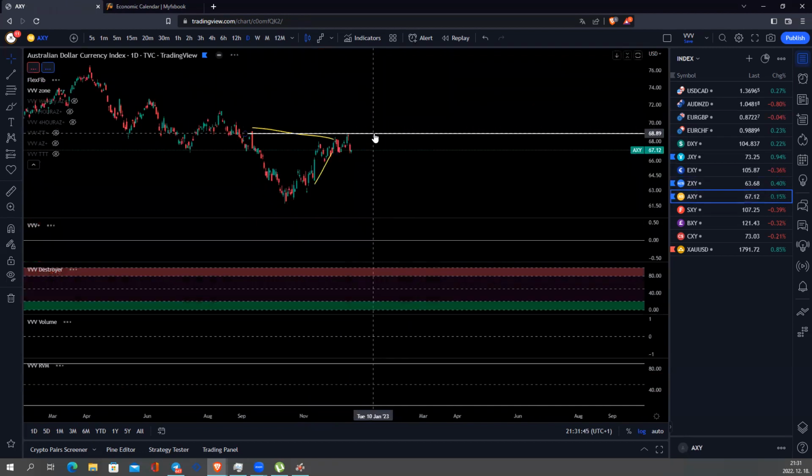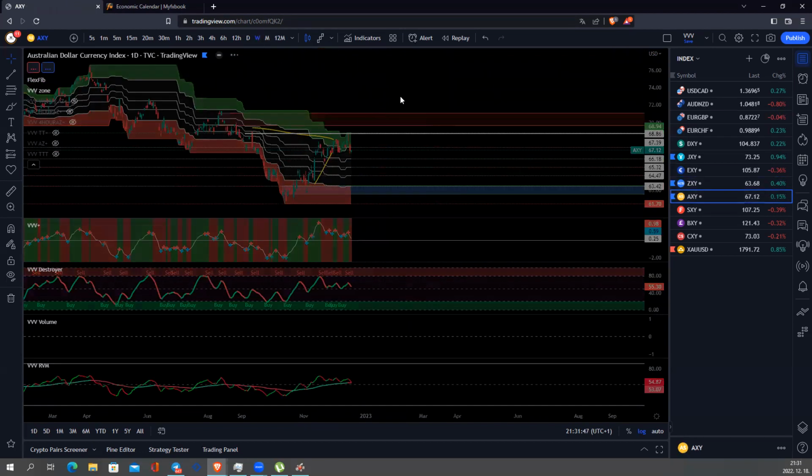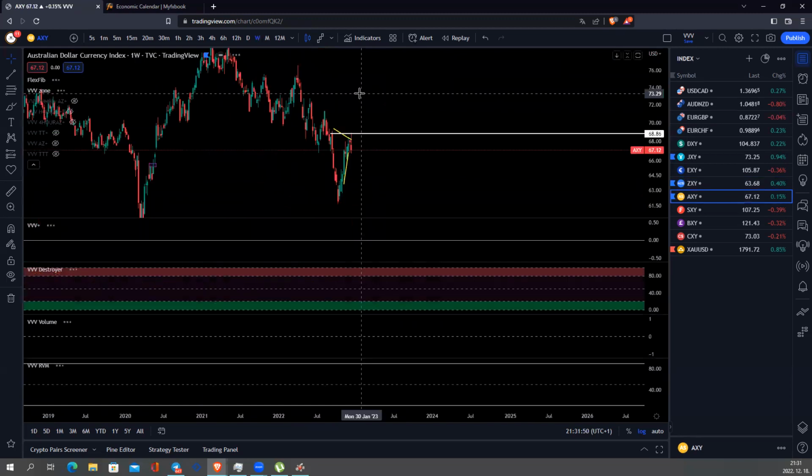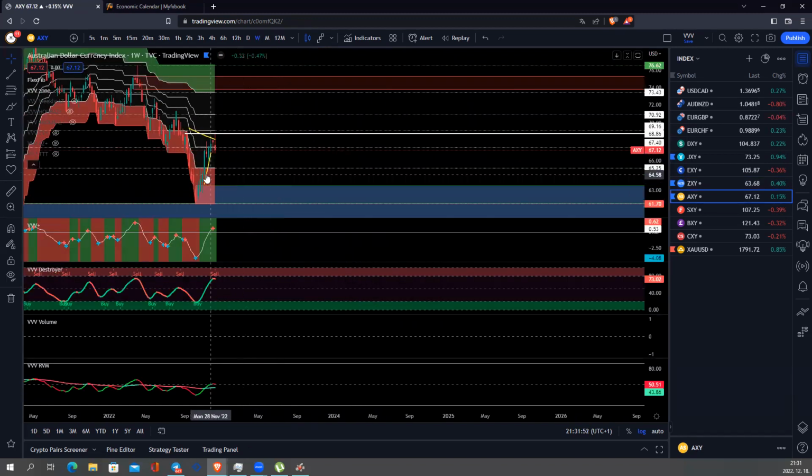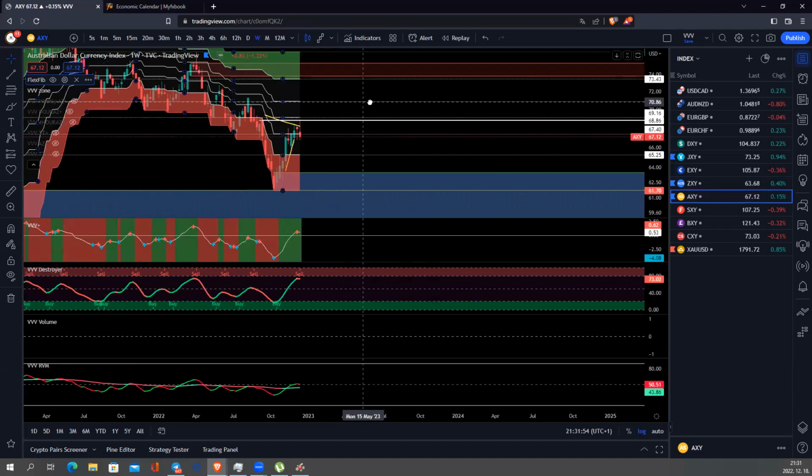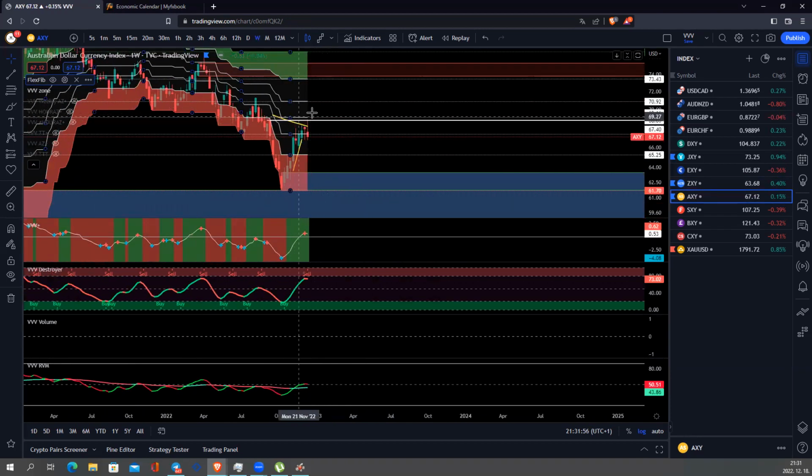the AXY almost the same, but the OC is still weak. You see their target zone is also reached from the previous high, and there is a divergence.